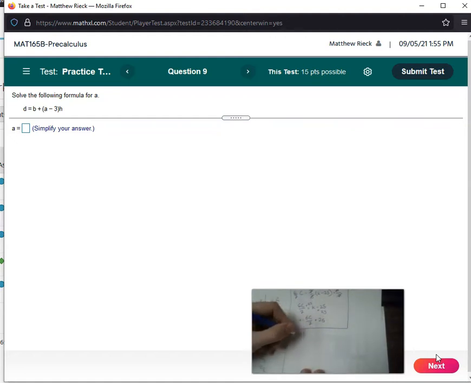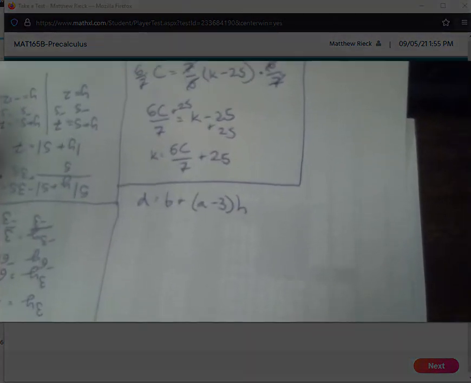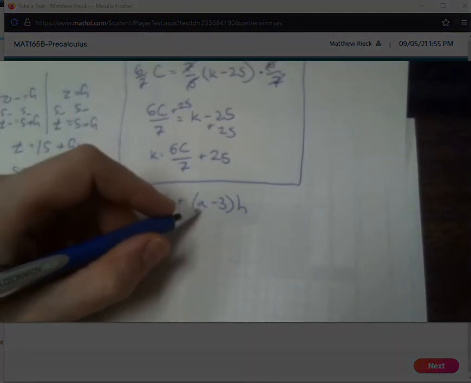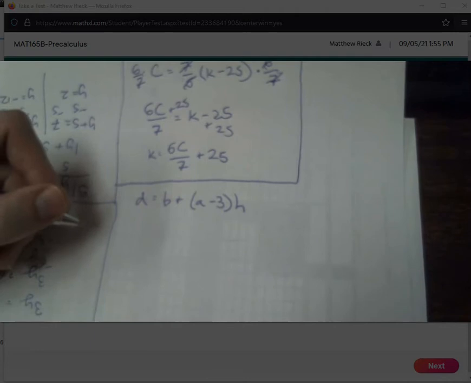All right, so this next one, we have d equals b plus the quantity a minus 3h. And we want to solve this for a. So we want to eventually end up with a equals something.